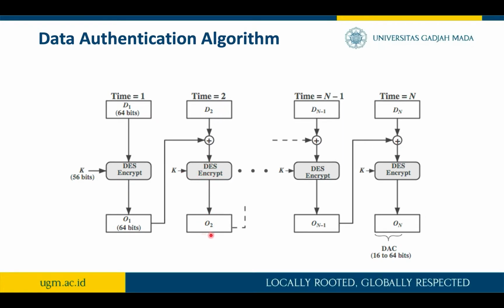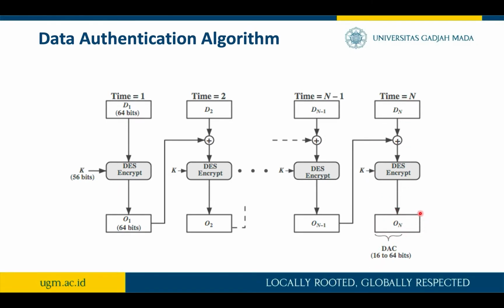And then the output is O2, the output for the second block. Actually, it doesn't only depend on the second block here, but also depends on the previous block, because we have chaining using the XOR operation. Yeah, so we continue that until the final block, where we will get ON.